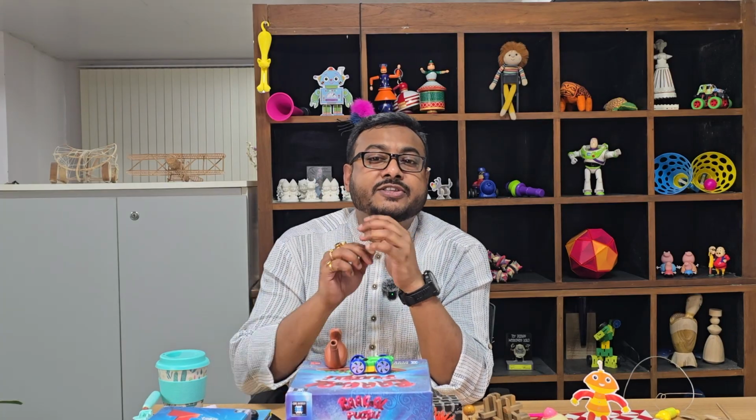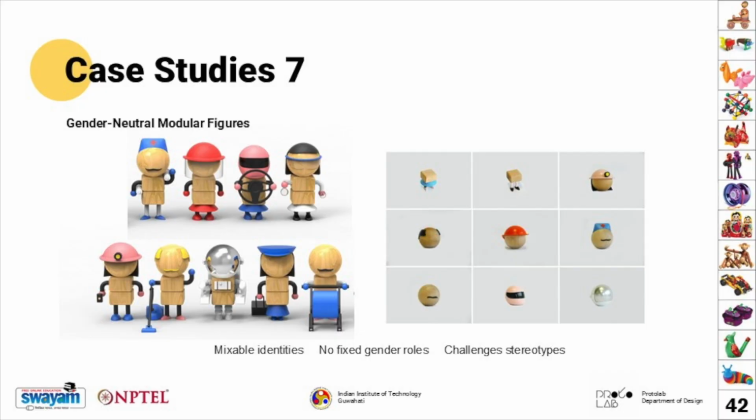Another option is to be gender inclusive. This modular figure set combines traditionally gendered elements, skirts, helmets, heels, and tools, in any configuration. Children cannot assemble a strictly male or female character. So instead of instructing inclusion, the toy demonstrates it.